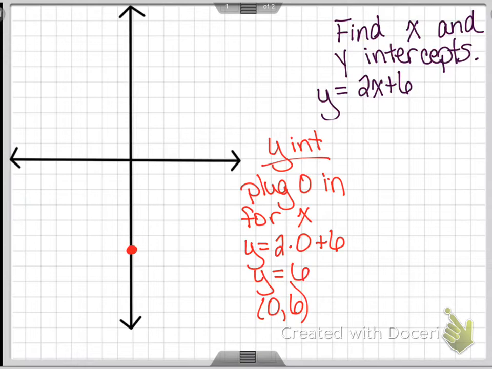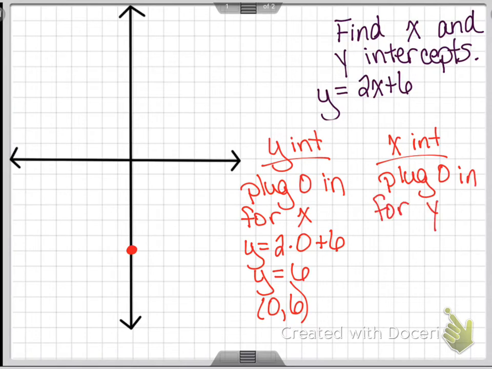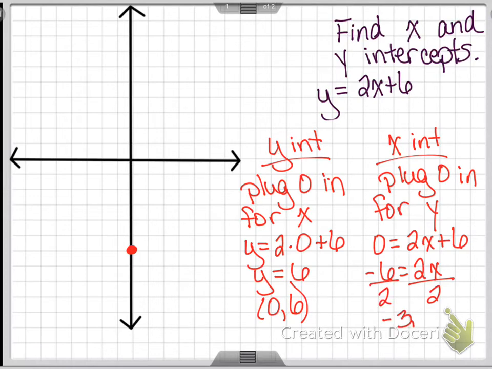0, 6. To find my x-intercept, I plug 0 in for y. So I'm going to have 0 equals 2x plus 6. I subtract 6 from both sides. And I end up with -3 equals x.